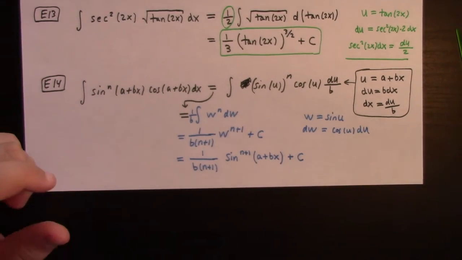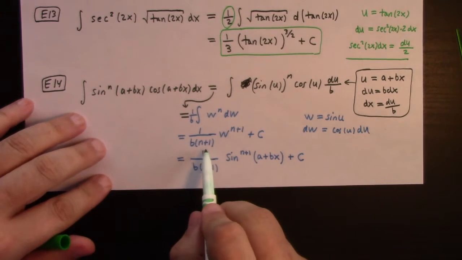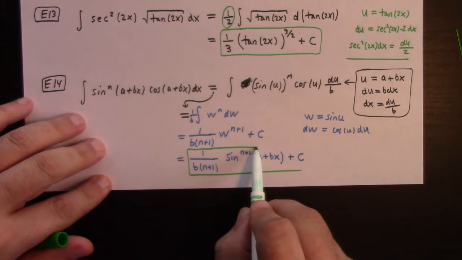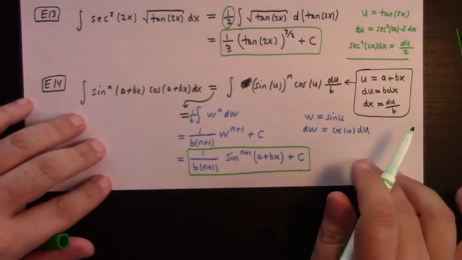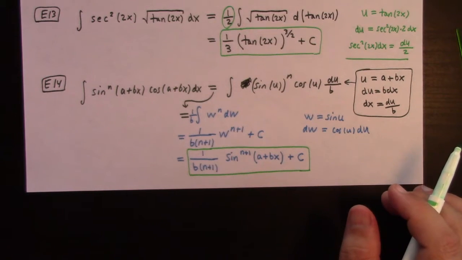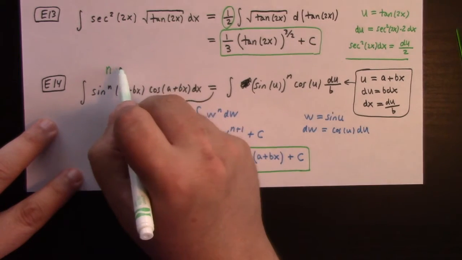Now, of course, this doesn't make sense for n equals minus 1 for the division by 0 reason. But any other integer power, well, any other real number n, I don't know what that means. I guess we're assuming here that n is an element of the natural numbers.